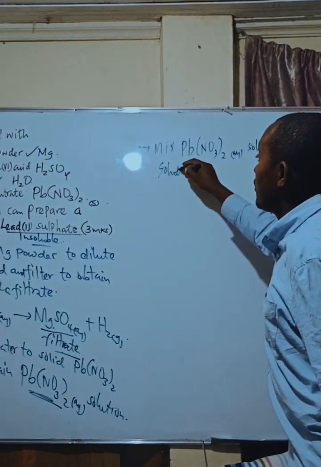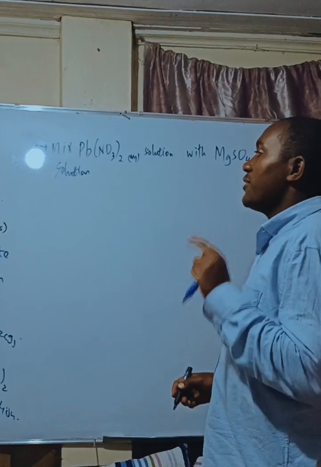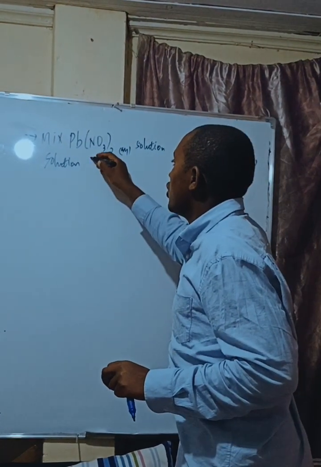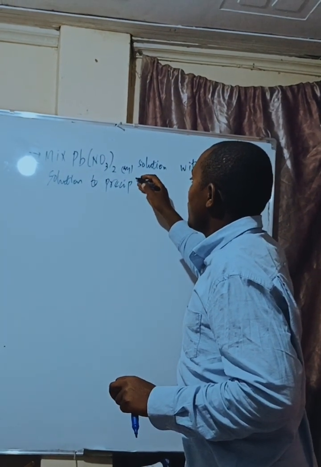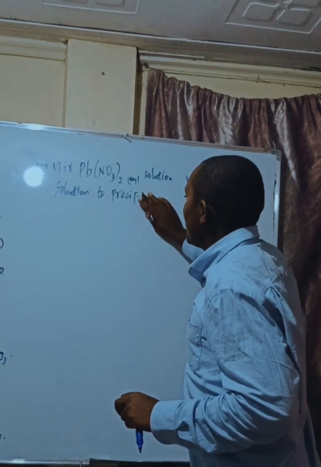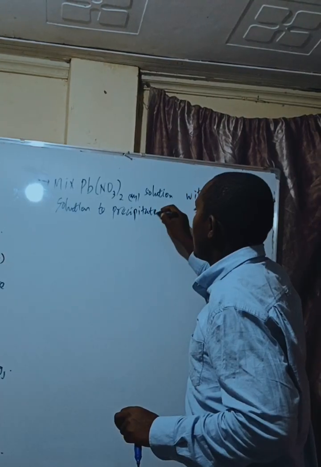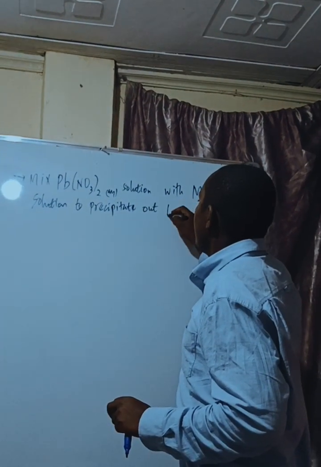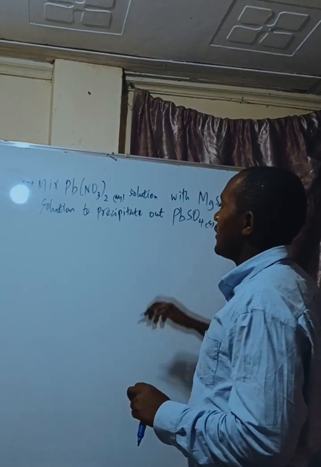So this is a precipitation reaction, a reaction in which solids are formed from aqueous solution. Mix lead nitrate solution with magnesium sulfate solution to precipitate out lead sulfate, which is a solid.